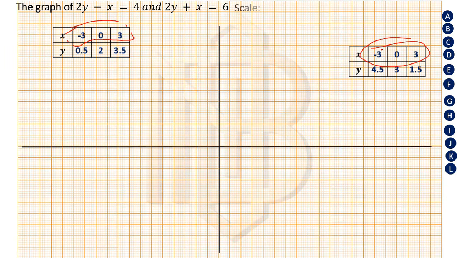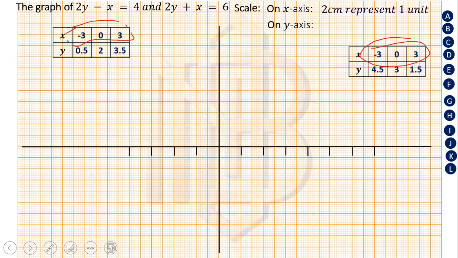This is what I mean by that. On the x-axis, and of course for the y-axis too, we choose 2 centimeters to represent 1 unit. This is what that implies. So on the x-axis, we have the calibration. Can you see? Okay, so that's 2 centimeters.